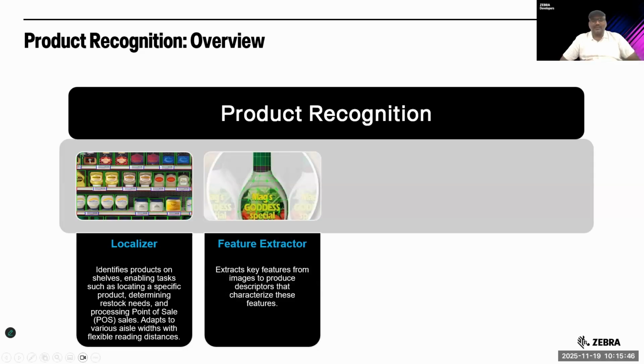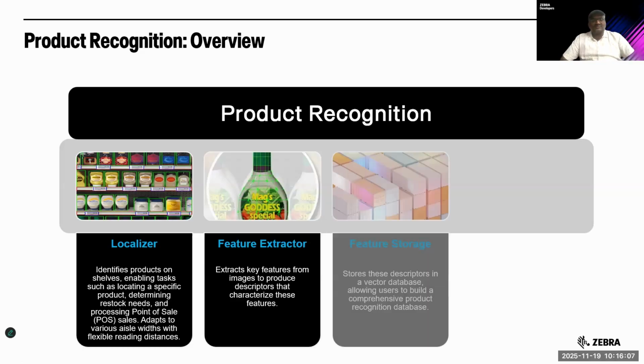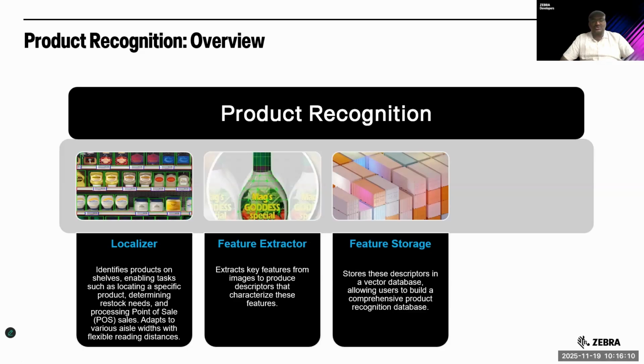As you see on the left side, the localizer outputs each product as a separate, localized item. We pass these products to the feature extractor one by one, and it extracts the descriptors. These descriptors are nothing but a mathematical representation of the feature, how it looks like. Basically, it is a vector of floats describing the product's structure. Then the extracted features are stored using the feature storage capability, which provides an index generation mechanism.